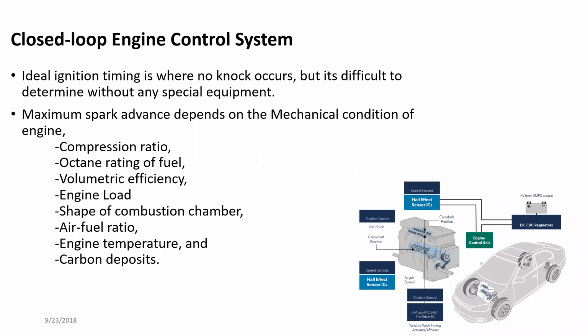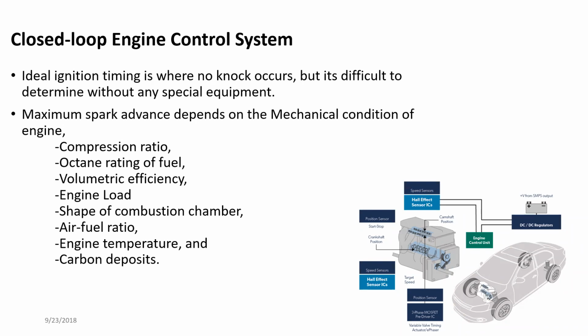And if the engine starts to knock, the ignition system understands that knocking has occurred by the use of the knock sensors, and it changes the ignition timing. So there are two main feedback signals. The first one is the oxygen sensor, and the second one is the knock sensor.